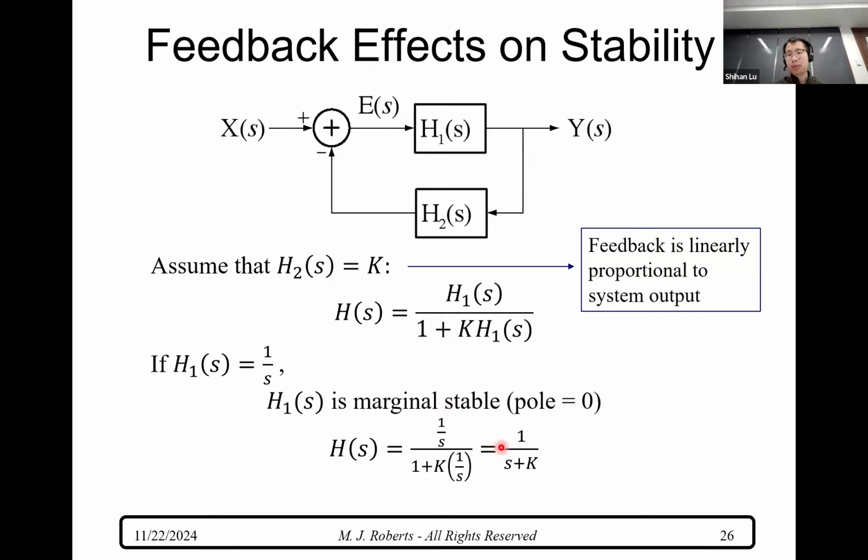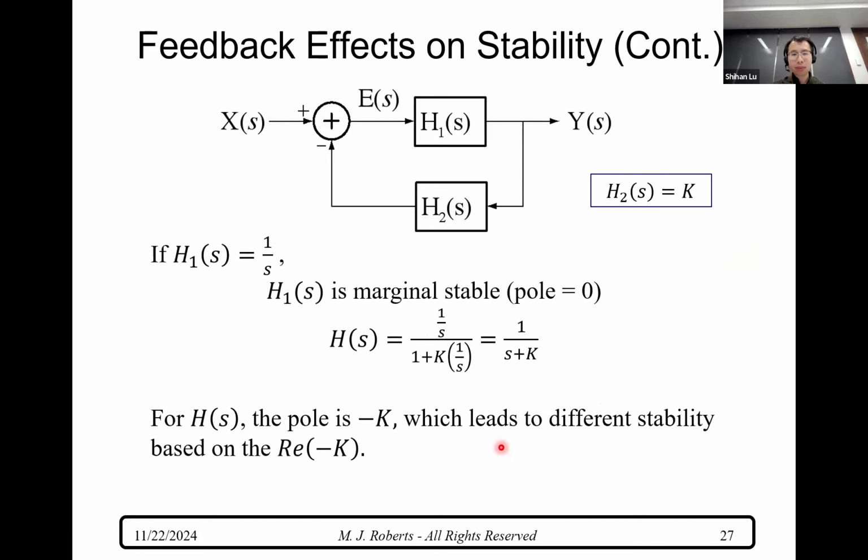So for the transfer function of the feedback system, h of s, the pole is negative k, right? The real component of negative k will be decided by k itself, right?